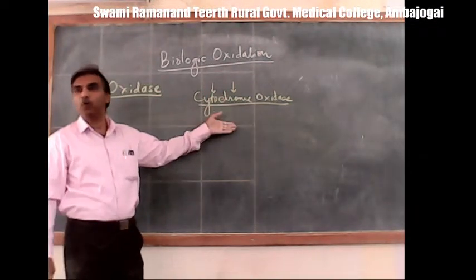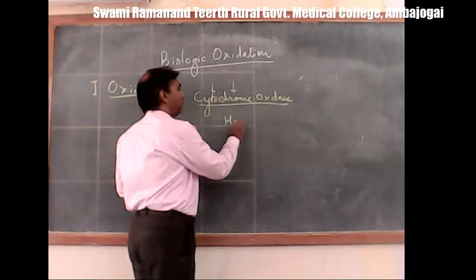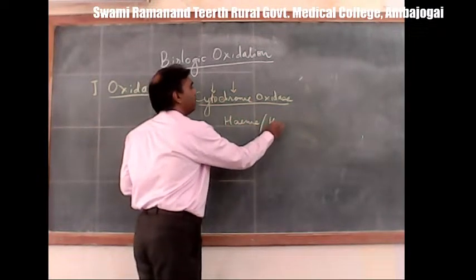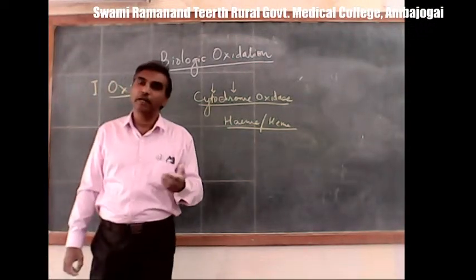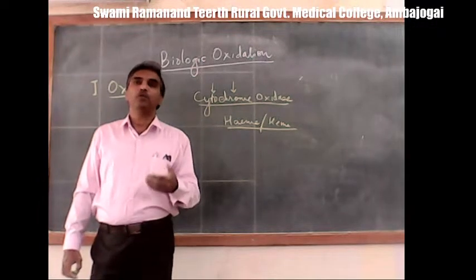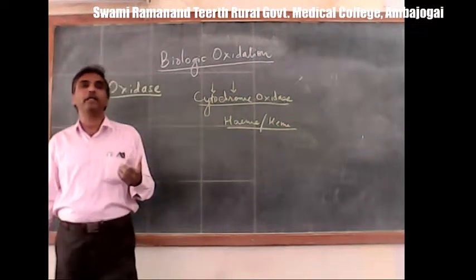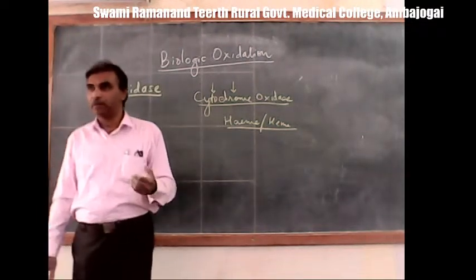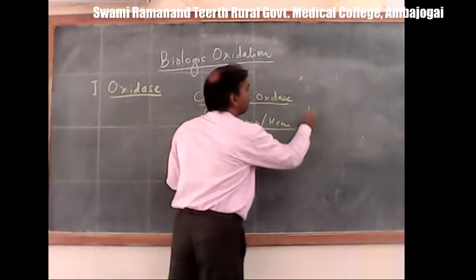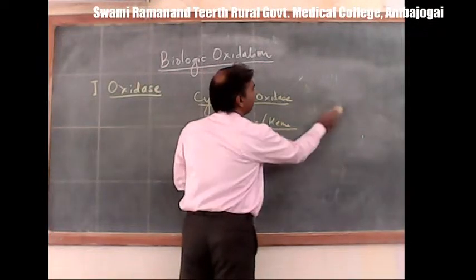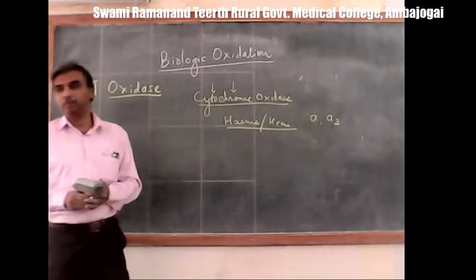So these are colored proteins present in cells and they contain heme, or haem, whatever you spell it. And you know what heme is, because you already know the heme protein, hemoglobin. So this contains tetrapyrrole and in the center iron is there in the ferrous form. There are two types of heme, denoted as A and A3.